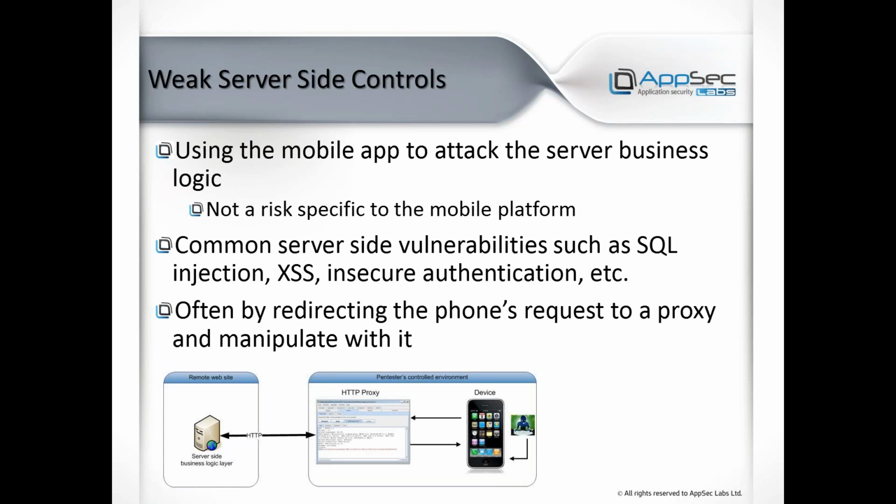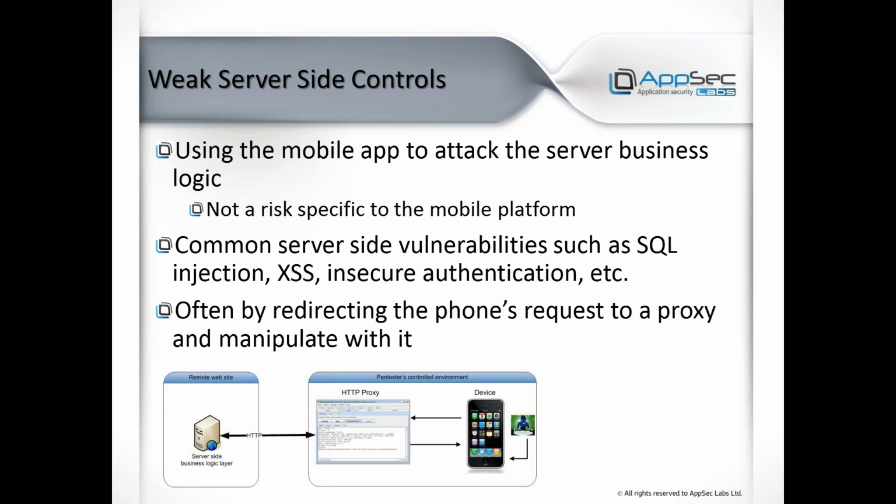So in order to test the security of the server side, what we usually do is insert a proxy between the mobile app and the server side for the purpose of analyzing all of the communication that is going on between the client and the server. So we're analyzing the communication that is going back and forth from the device to the server side.